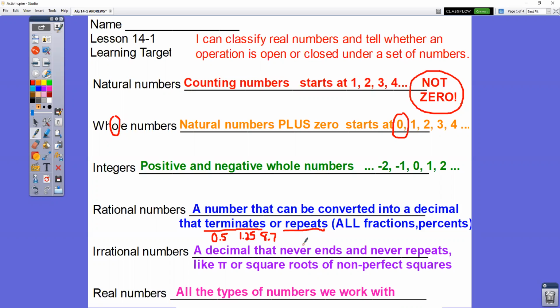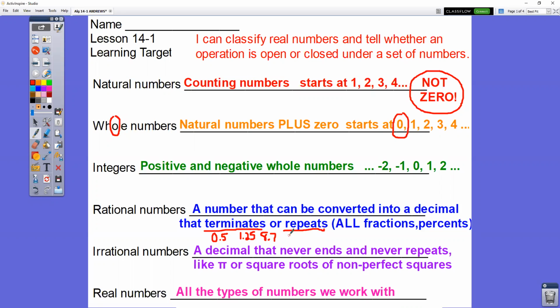Those are all decimals that stop. As long as the decimal stops after the last number and doesn't keep on going on and on forever, that is a terminating decimal, which is rational. It could have 5 numbers after the decimal point. It could have 10 numbers after the decimal point, as long as it stops.